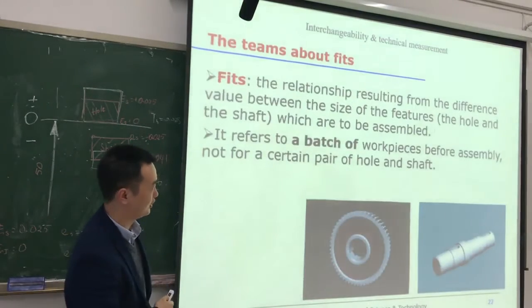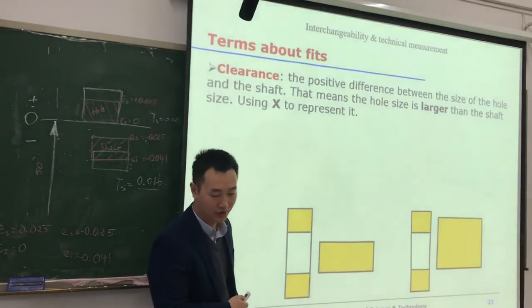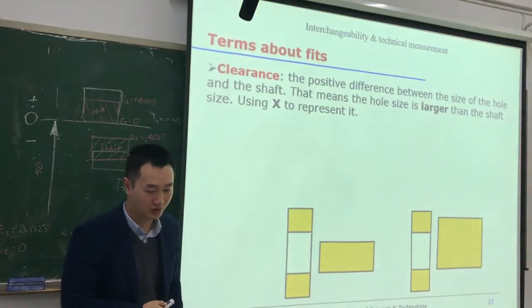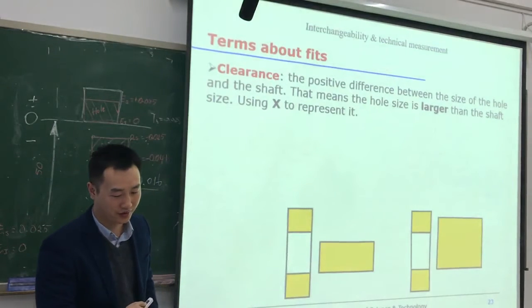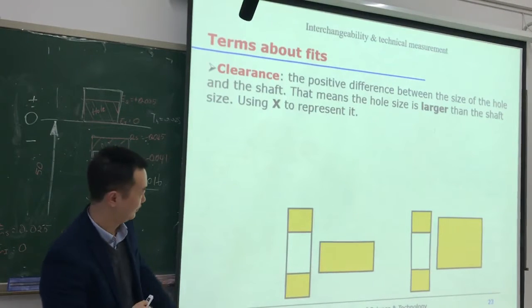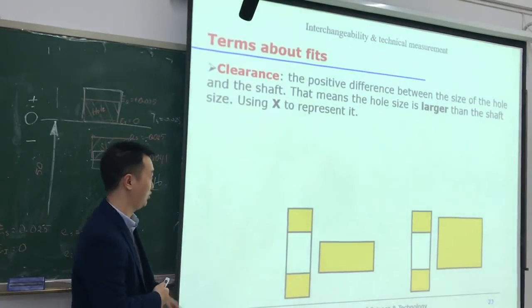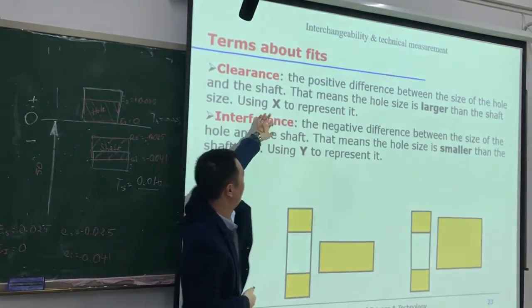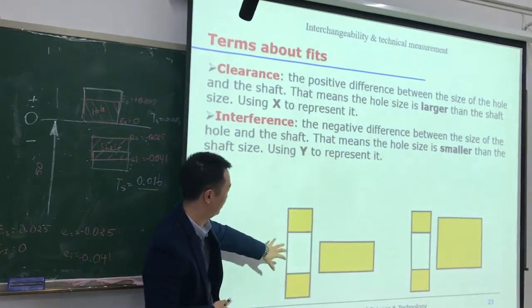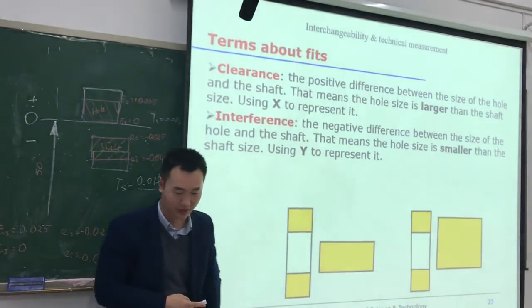Fits mainly include two types. The first one is clearance. Clearance is the positive difference between the size of the hole and the shaft. It means that the hole size is larger than the shaft size. We use the capital X to represent it.